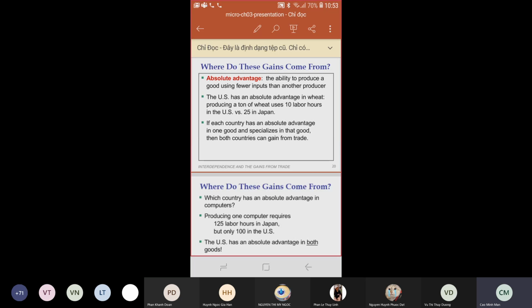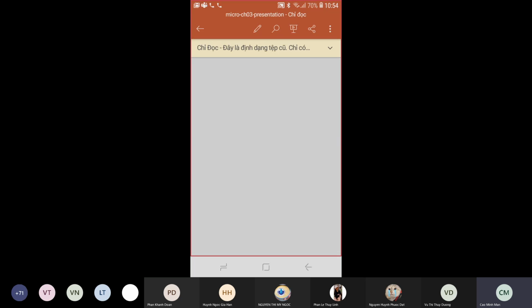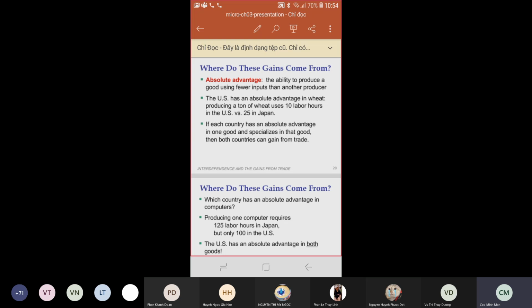Again, a country has absolute advantage in producing the products in comparison with another country. It means this country has lower cost in producing these products in comparison with another country.